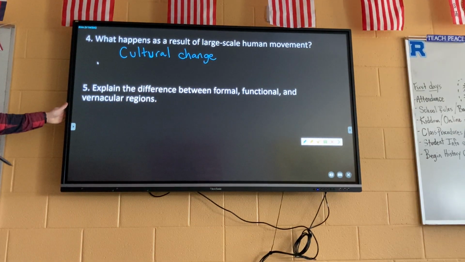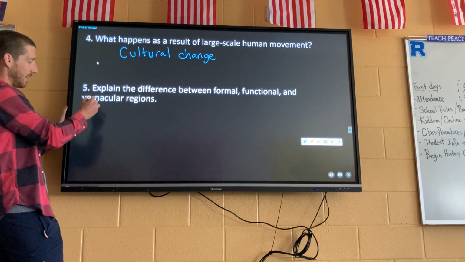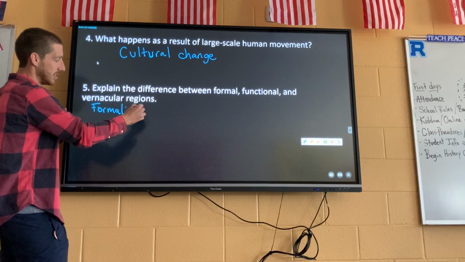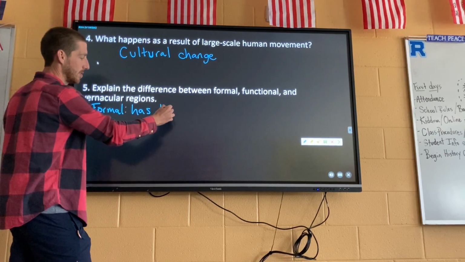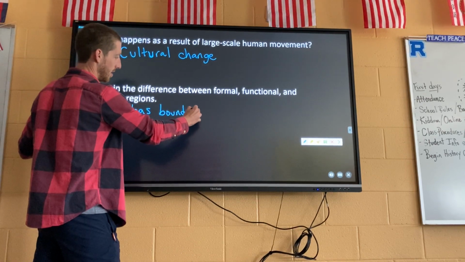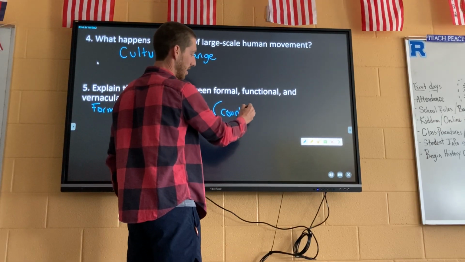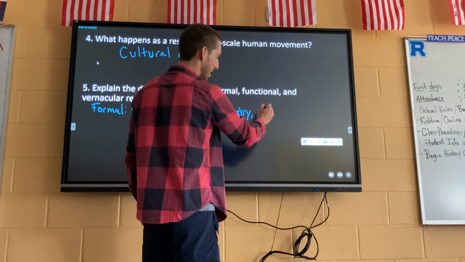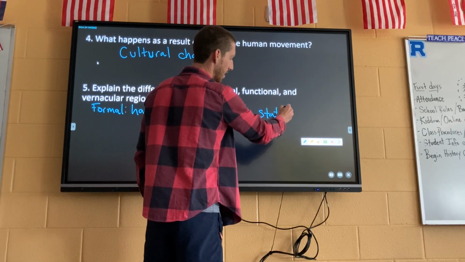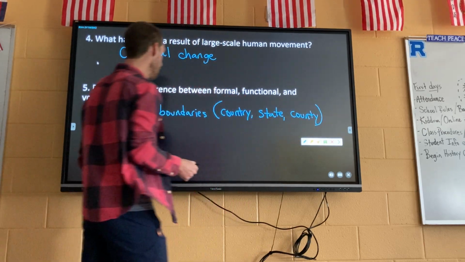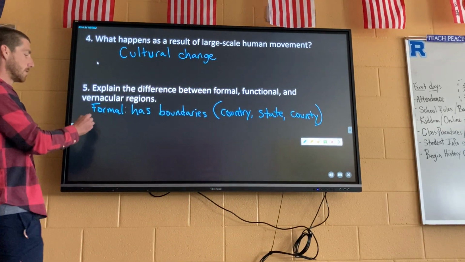All right, formal, functional, and vernacular region. I'm going to write it down here. Formal. So these have boundaries. Formal has boundaries. So this is like a country. It could even be a continent, state, or a county. Okay? Functional.